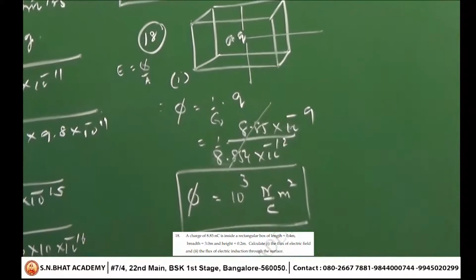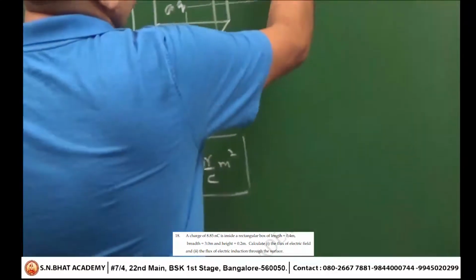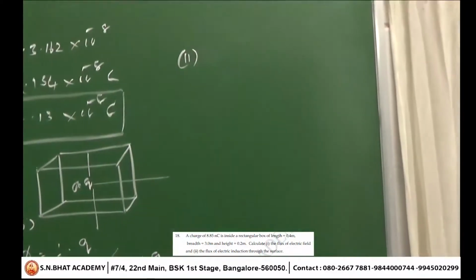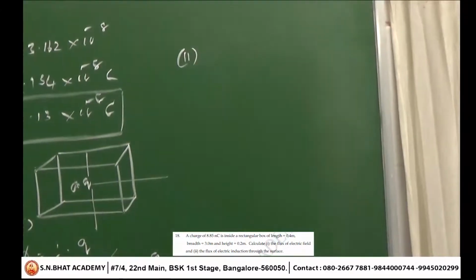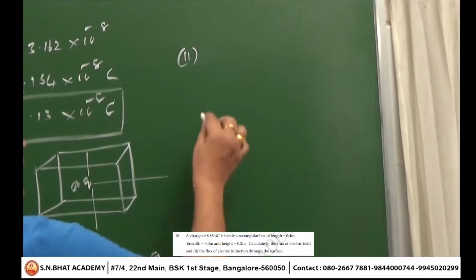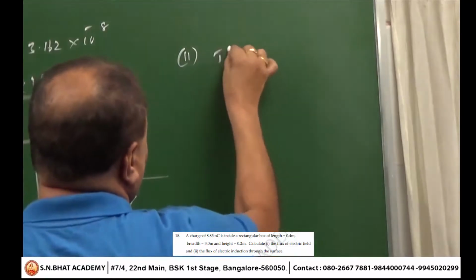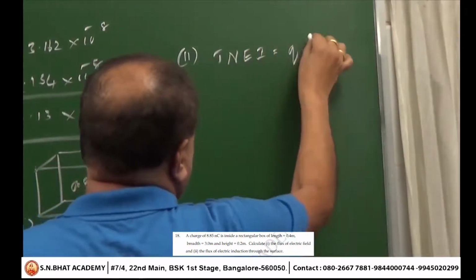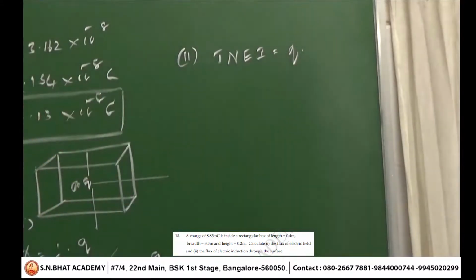Look at another sub question in that. Another sub question that he has given is, the flux of electric induction through the surface. The flux of electric induction is also called the total normal electric induction, which is equal to the total charge enclosed. This is the other statement of Gauss theorem.